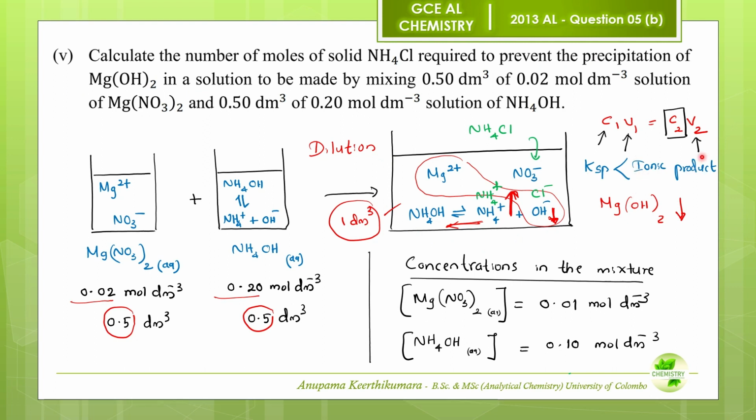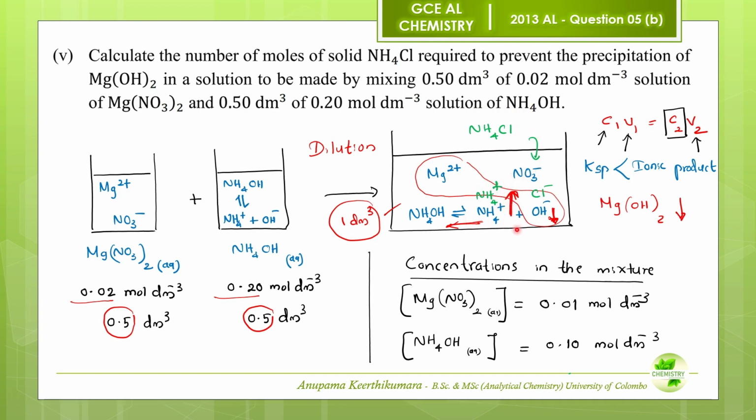When the ionic product, that is the product of concentration of magnesium 2 plus and OH minus ions, is greater than Ksp of magnesium hydroxide, we can see the precipitate of magnesium hydroxide. Then, when solid ammonium chloride is added, ammonium ion concentration increases.